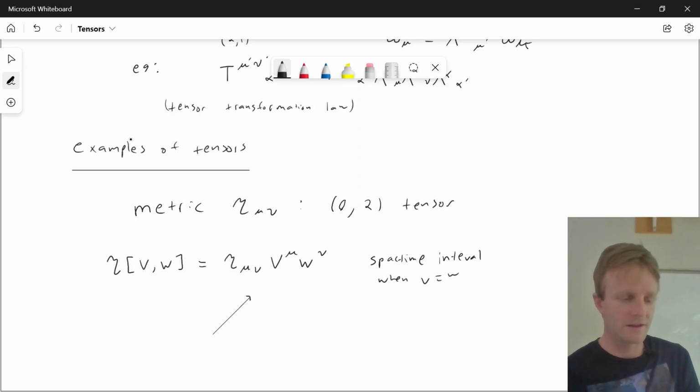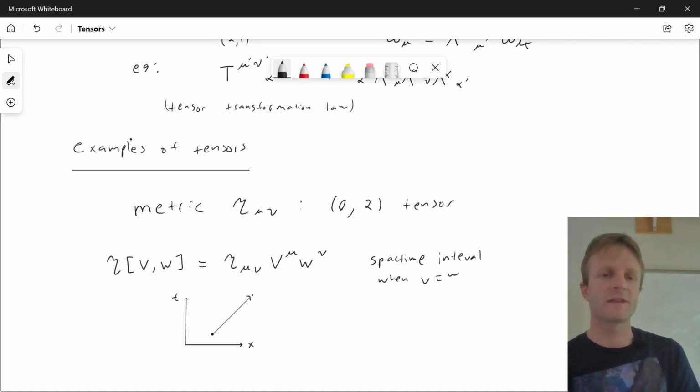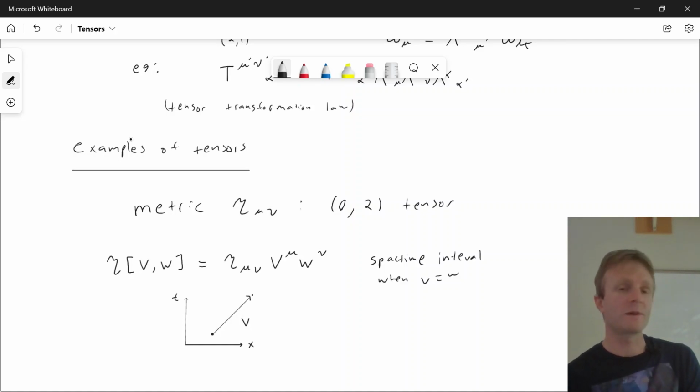So, if we're in space-time now, t, x, and we just think of our good old friend, the position vector, which we're not going to have in a curved space-time, but if this thing is v, then what we've been talking about before as the space-time interval is just eta, the metric, acting on v v.